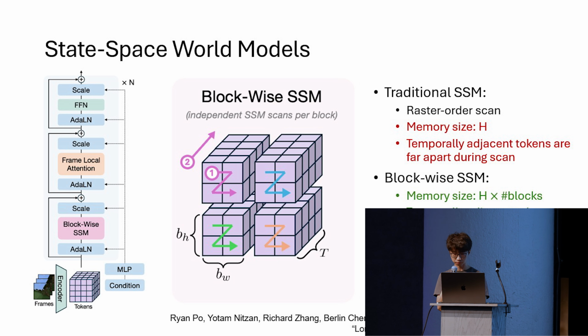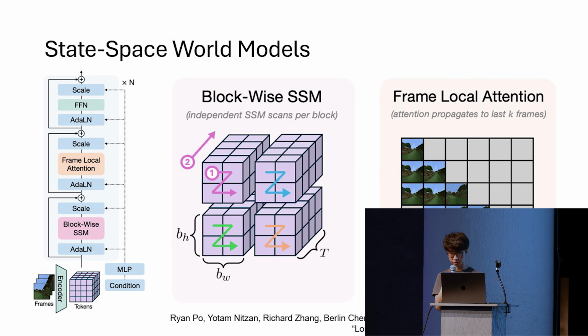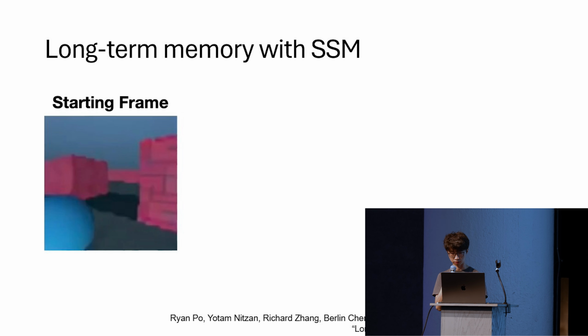And we complement it with local attention, similar to previous work, to better model spatial interactions. For example, we show in some toy tasks, like in this memory maze, if you go one direction for some time and then go back, with the state-space models you can get the exact same memory, but a causal transformer with a limited attention window will forget what was there before.